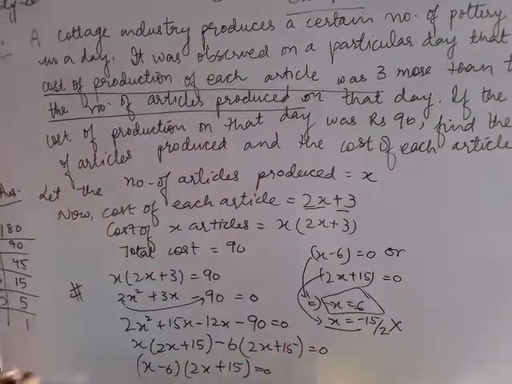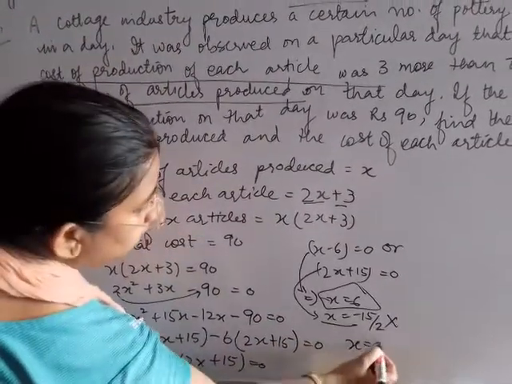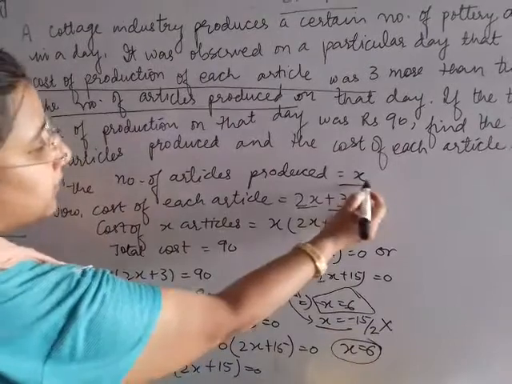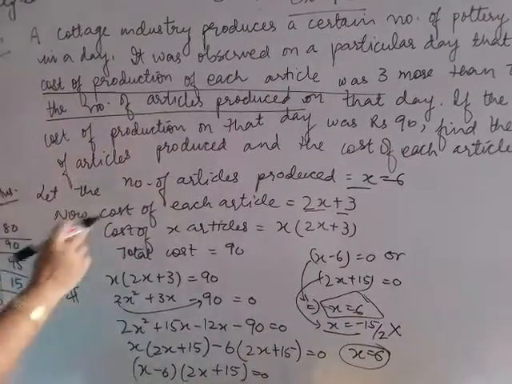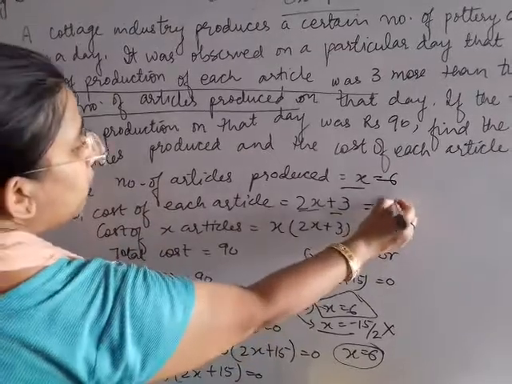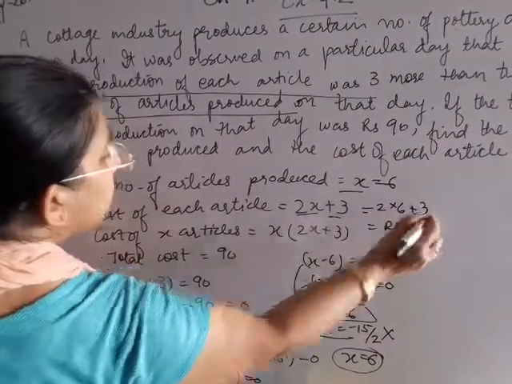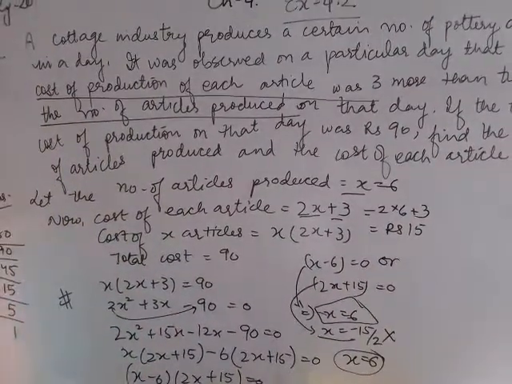So therefore, what is the number of articles produced? x is equal to 6. x is equal to 6 we have got, and the cost of each article will then be 2x plus 3. 2 into 6 plus 3, that is rupees 15 is the cost of each article.